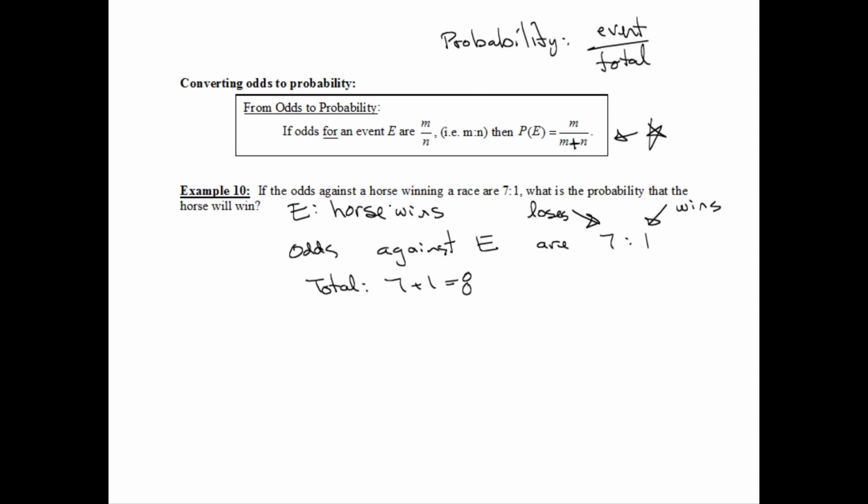Odds against means the complement comes first, so winning comes second, and so my probability that he wins will be 1 over 8. You can look at the formula above and see that it does match up, but I think of it as a concept and don't really memorize a formula.